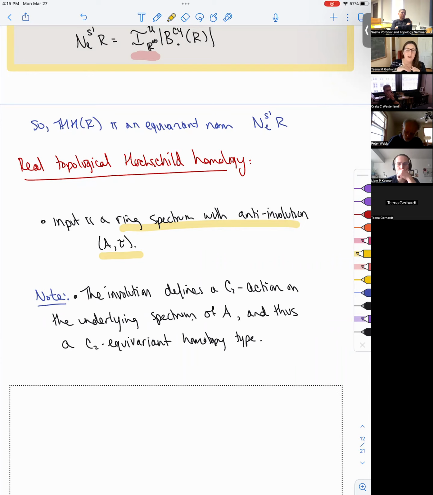And so the note here is that an involution is really a C2 action. It gives you an action of the group C2, and so we get a C2 equivariant homotopy type. So these ring spectra with anti-involution are, in particular, C2 ring spectra. It's not all C2 ring spectra; there are some particular C2 ring spectra that are these ring spectra with anti-involution.